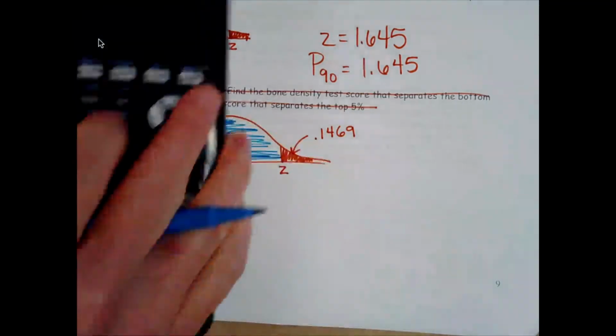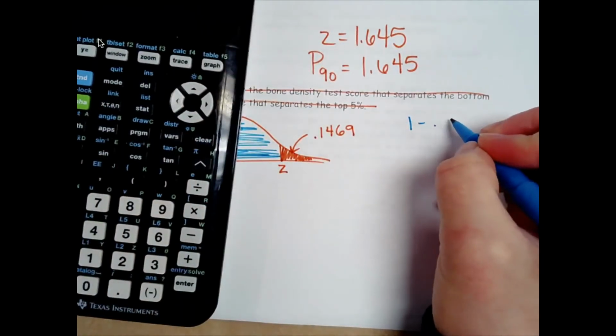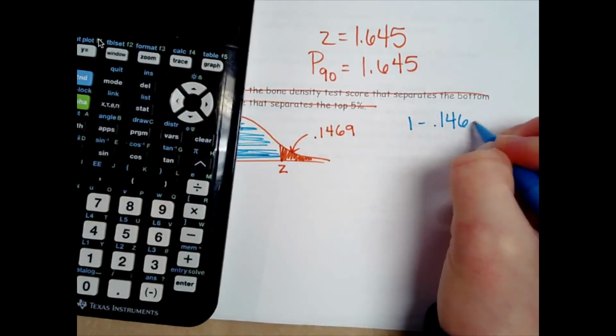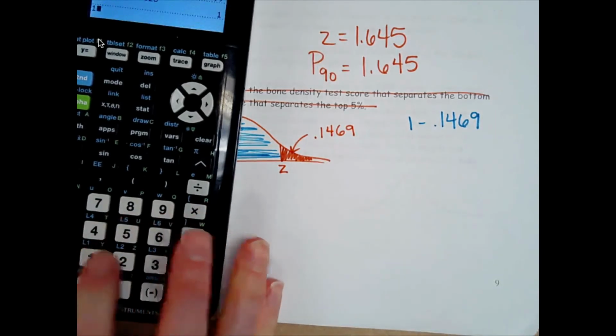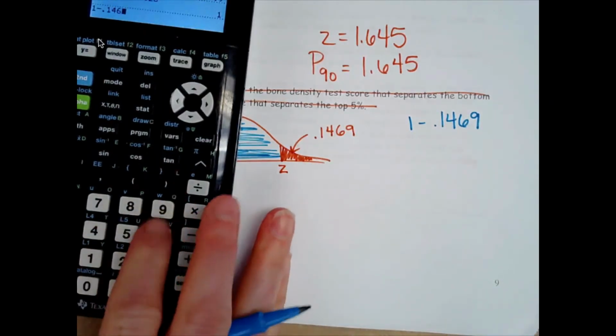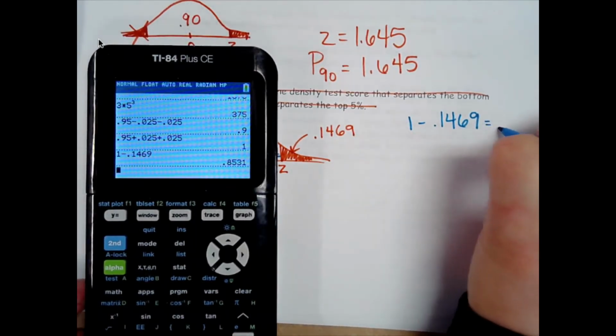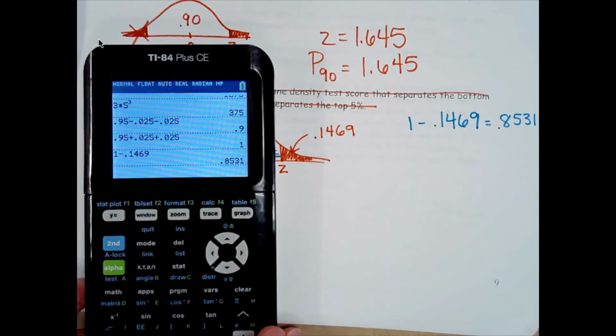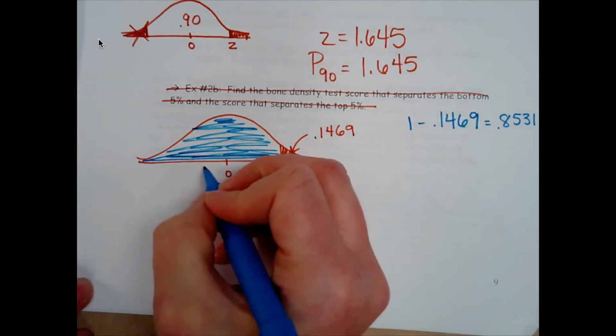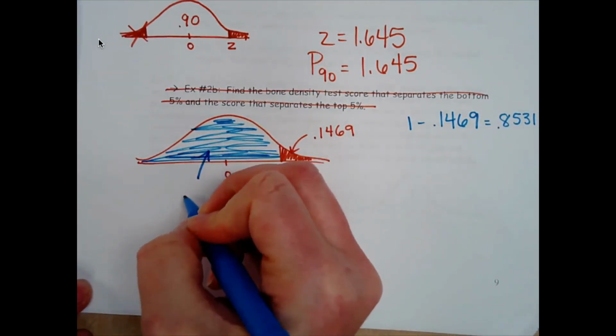So I actually want to do 1 minus 0.1469, which is 0.8531. So that is the area I actually want.